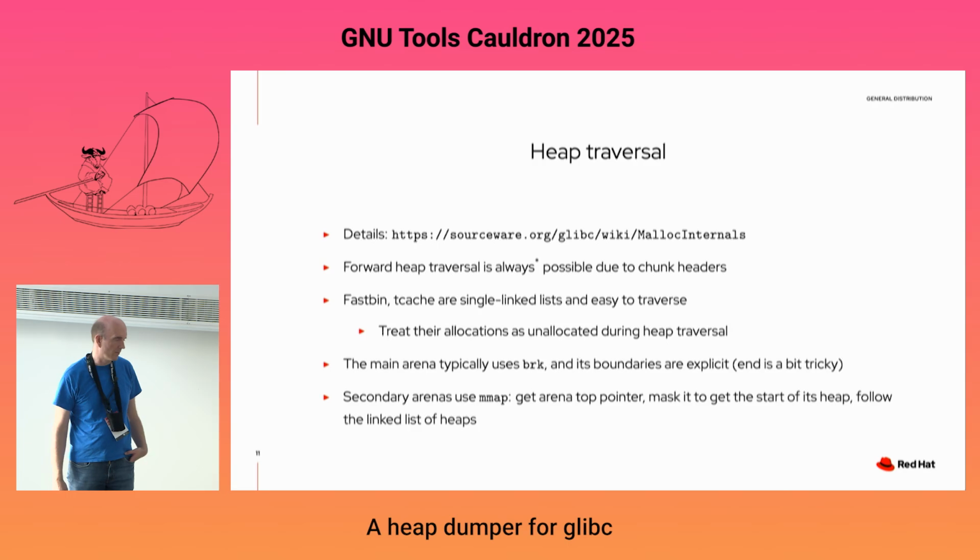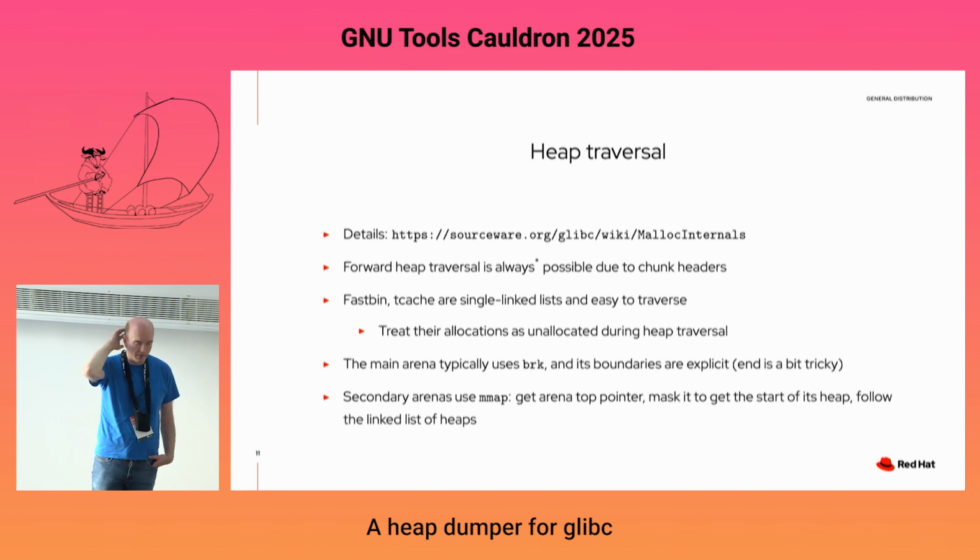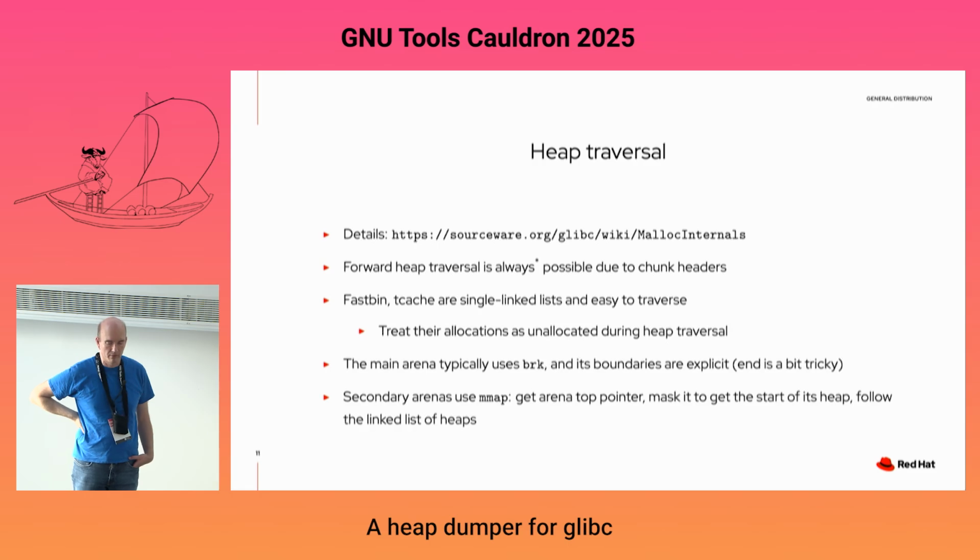There's a heap traversal implementation that uses basically a lookup table to see what's actually in a fastbin and then treats that as unallocated. There's a general theme that the end of the heap is always a bit tricky to discover, so there are some heuristics for that, but I think it's fairly solid and matches what the glibc algorithm actually does.